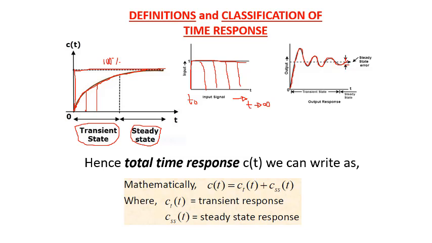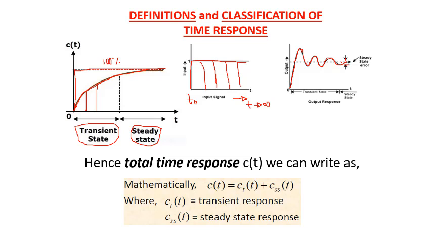This error is called the steady state error, which depends on the designer's parameters. There may be oscillation, but it is quite acceptable when it oscillates near the target value or near the output value.